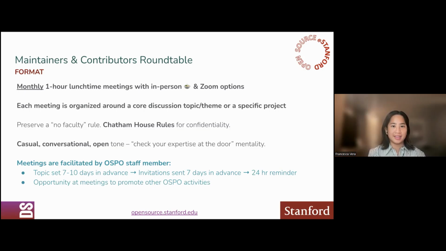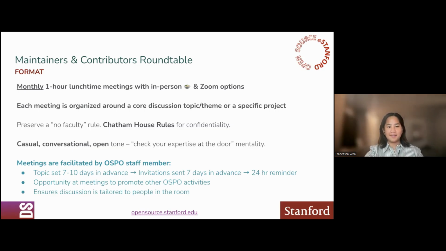This is one of the bonuses that I have found in running these meetings and having that captive audience of maintainers and contributors, the people who we would want to engage with our OSPO activities in the first place. Being the one facilitating the meeting means that I am able to promote other OSPO activities and try to engage members in some of the other great work that our OSPO is doing.